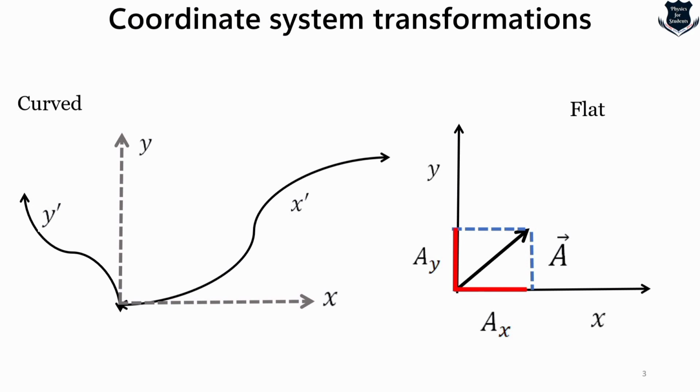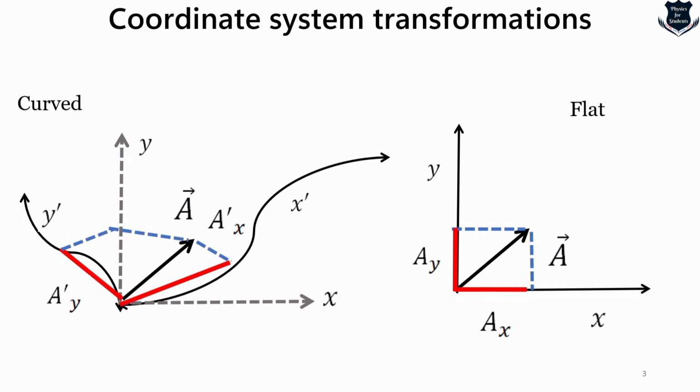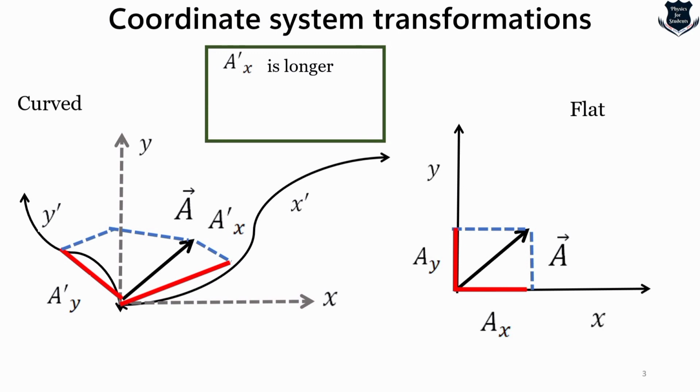We name the curved surface x prime and y prime. The vector remains the same, but the components of the vector, as you can see, A prime x and A prime y, become longer. So the essence of the last videos, if I can summarize, is this: A prime x is longer, A prime y is longer, whereas A remains invariant.